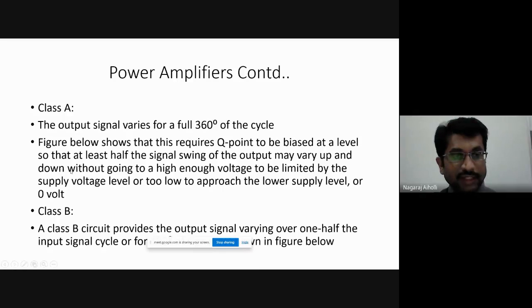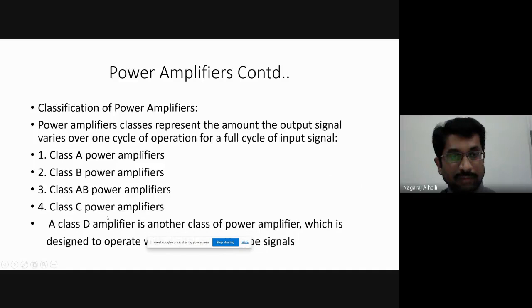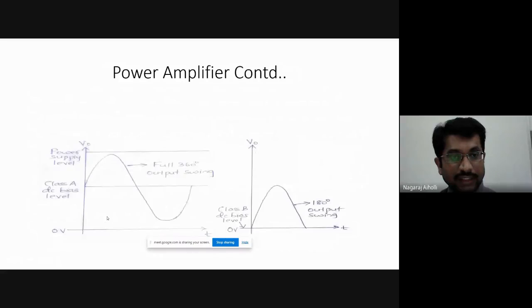Okay. So next, class B power amplifiers. First we saw the class A power amplifier, right? Then next is class B. In the class B amplifier, as you can see in the second figure, the DC bias level, the DC voltage that is applied to the circuit for proper operation of the transistor, is at 0 volts, right?